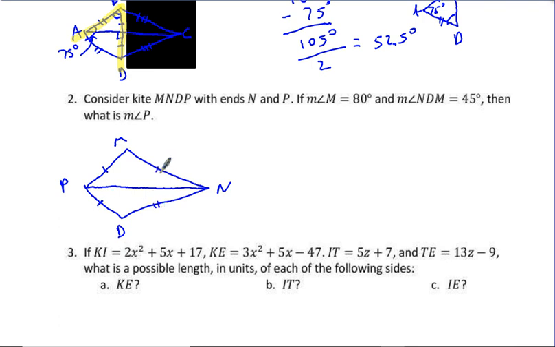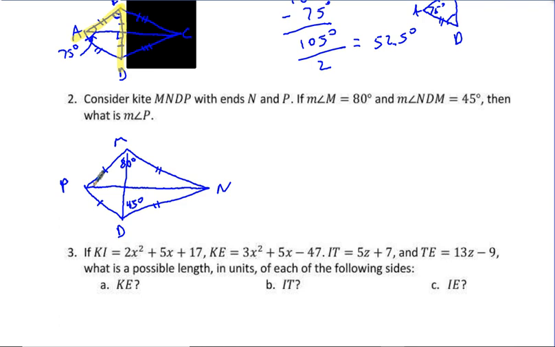These are congruent. Measure of angle M is 80 degrees. And the measure of angle NDM is 45 degrees. So I need to draw the other diagonal here. And this one here is 45 degrees.